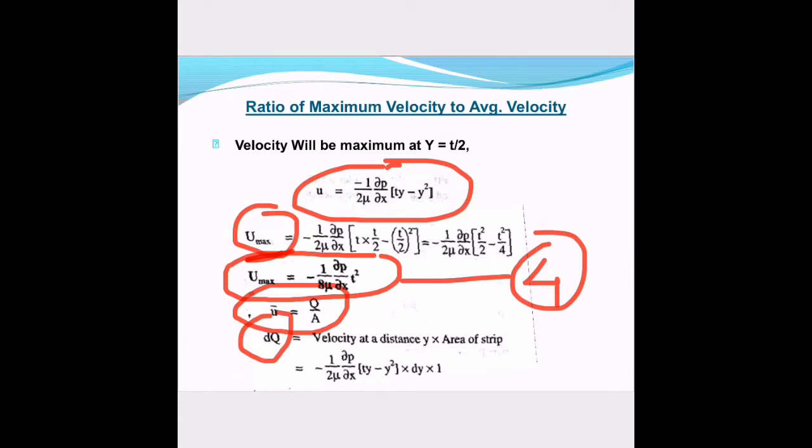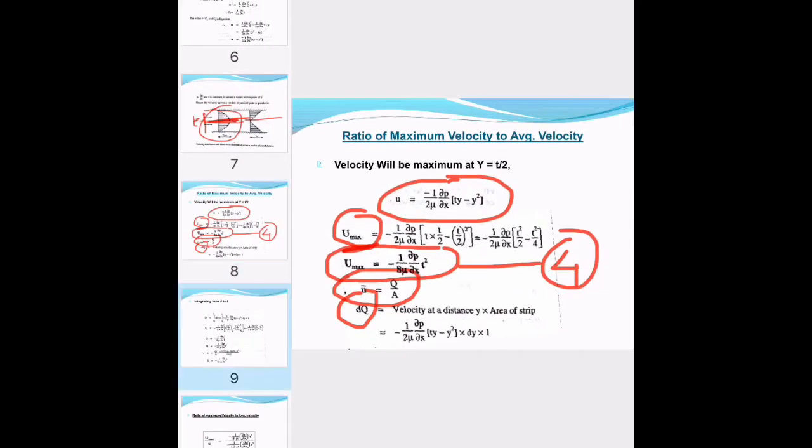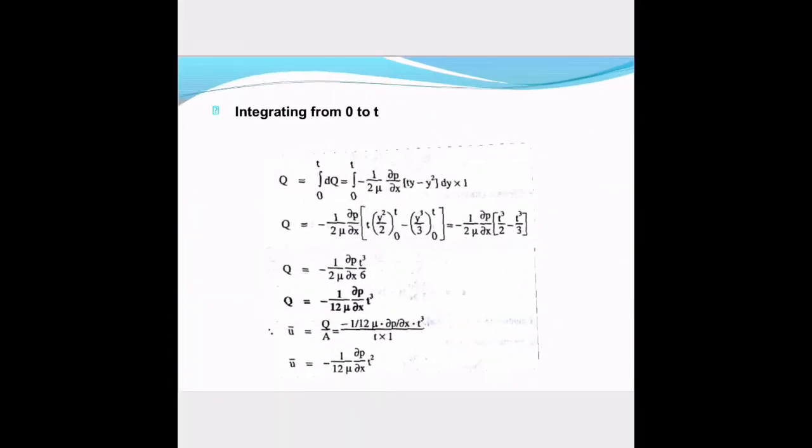Now, we have to find out the average velocity. Average velocity is obtained by dividing the discharge Q across the section by the area of the section. So, dq equals velocity at a distance y into area of the strip. What will be the velocity?